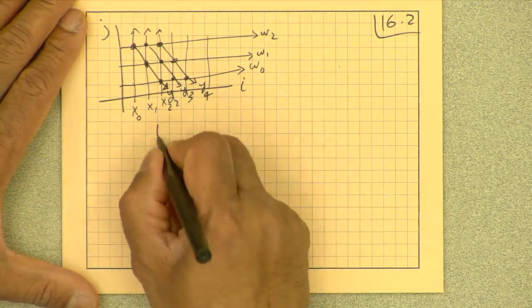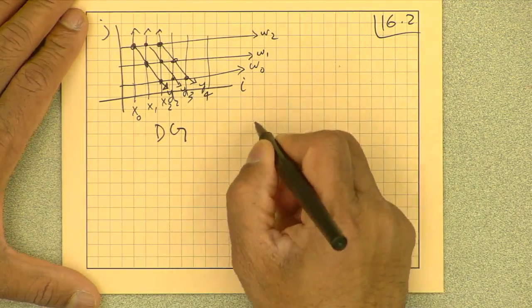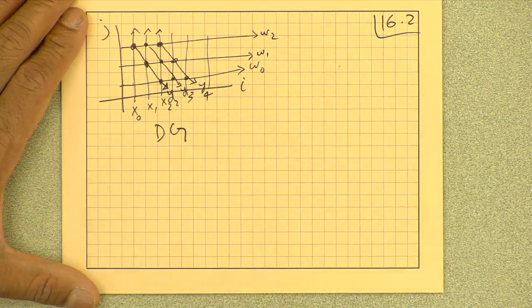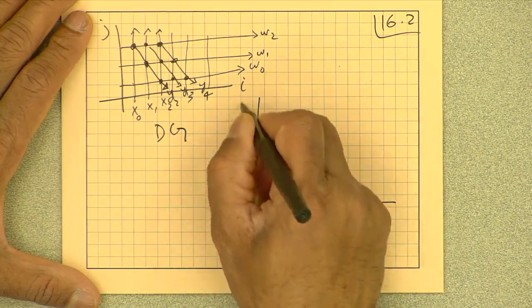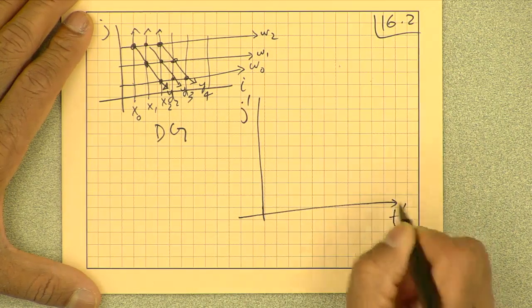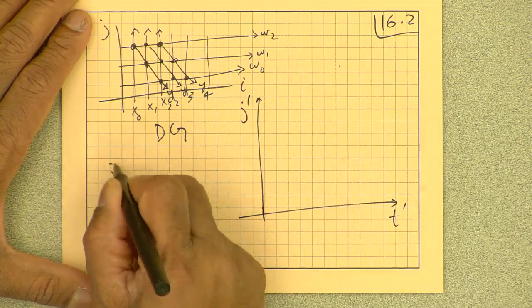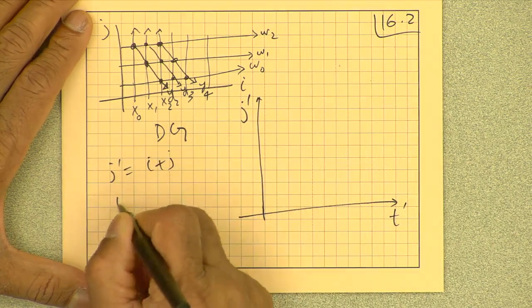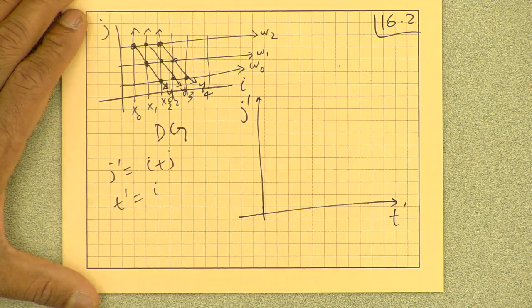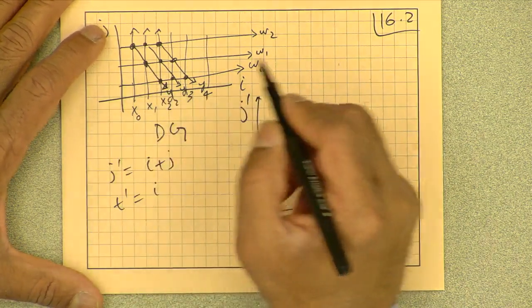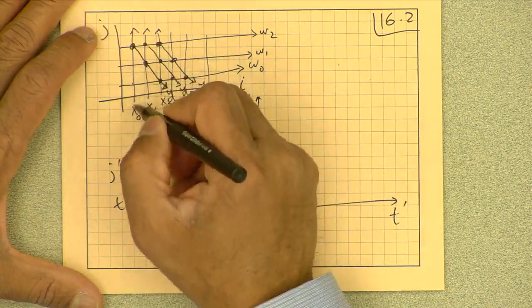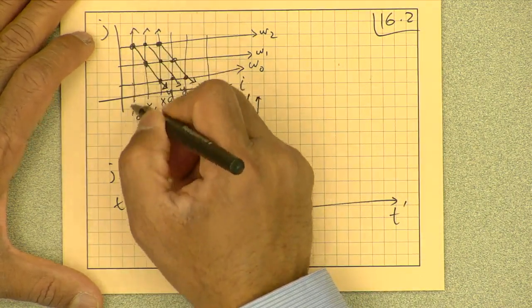So that's the DG, and now we will take the nodes and map them to J prime, T prime, where J prime is I plus j and T prime is the same as I. So let's start with this x0.